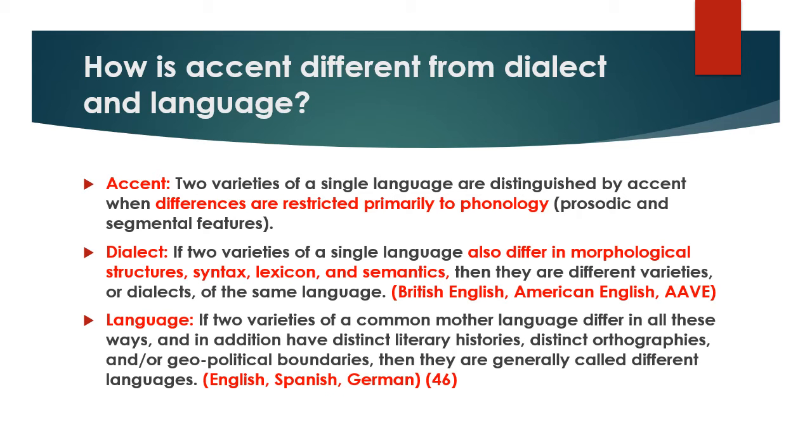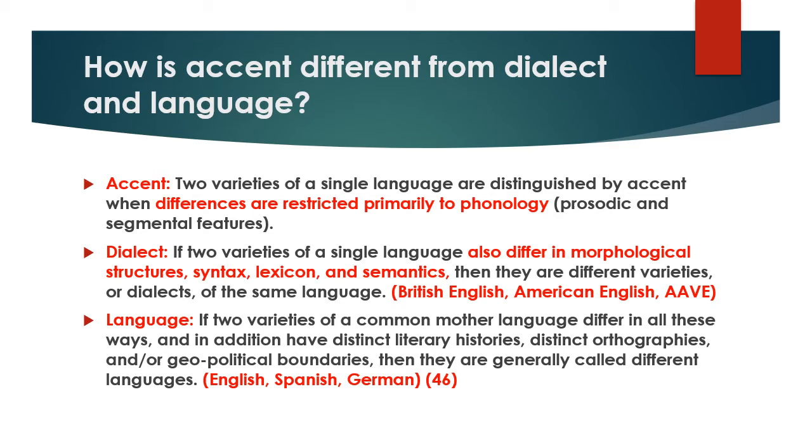But these varieties will be called a language if they differ in all these ways, in terms of phonology, in terms of sentence structures and words, but also if they have distinct orthographies or writing systems, or they have different geopolitical boundaries.